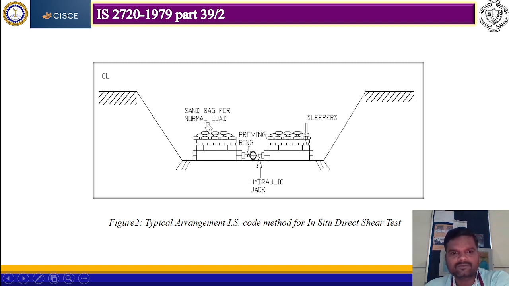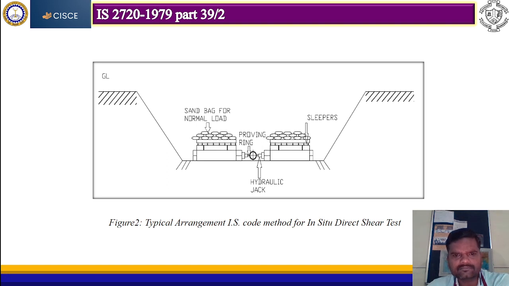With the help of sandbags they apply the normal loading. On both soils they put the sandbags, and with the help of a hydraulic jack they try to push the other soil mass.